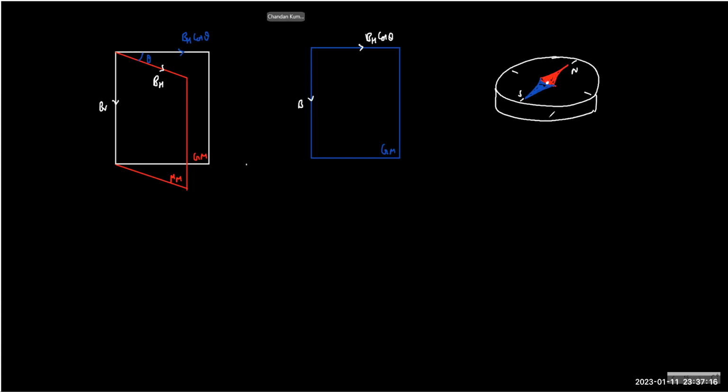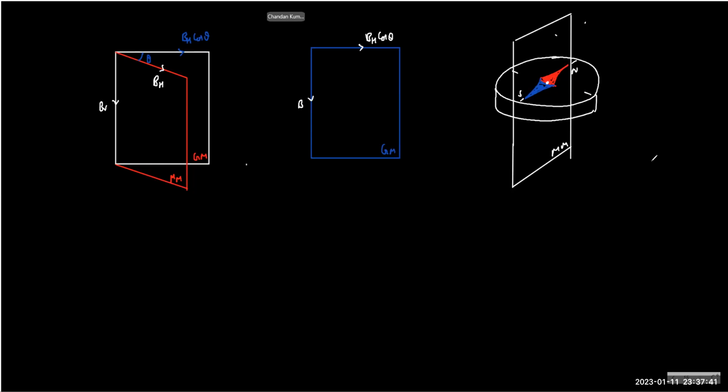If you put this compass on the Earth's surface, you can always see there is a particular alignment. And then you draw a plane like this. This is your magnetic meridian. Do you realize this?